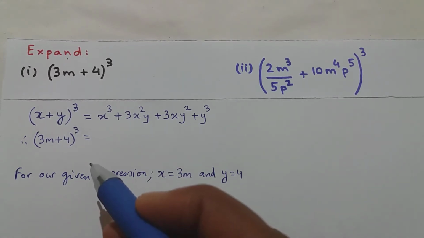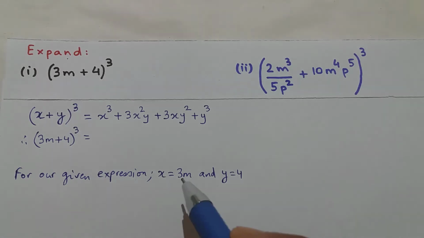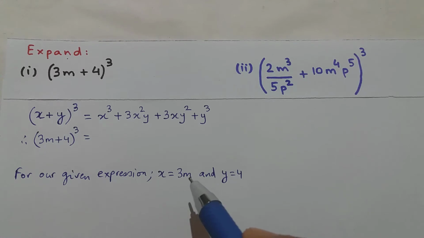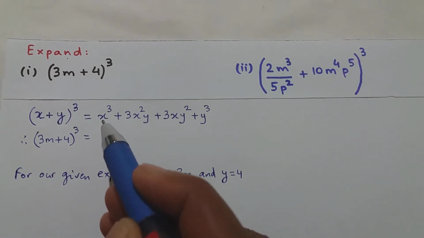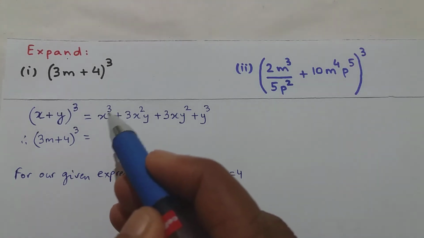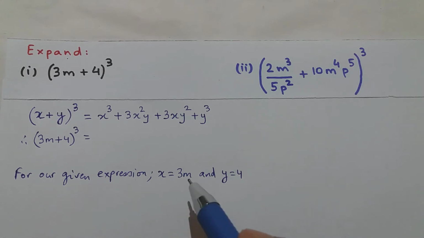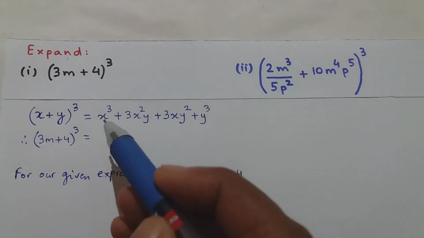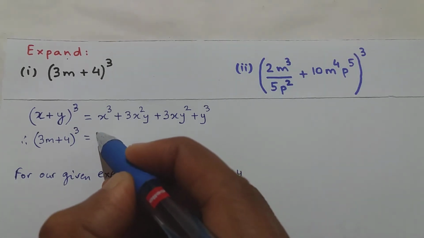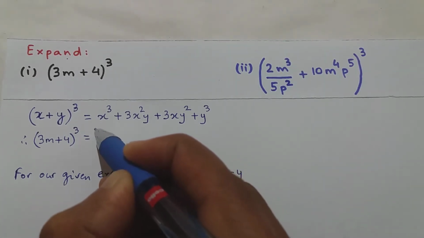Now for our given expression, x is 3m, so therefore x cube will become 3m whole cube. So instead of x cube I will write 3m whole cube.